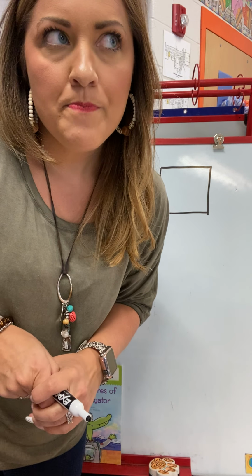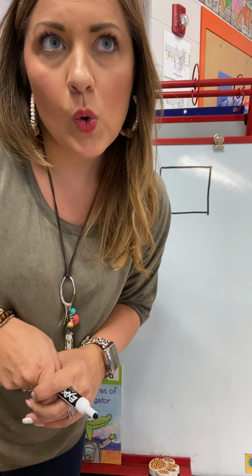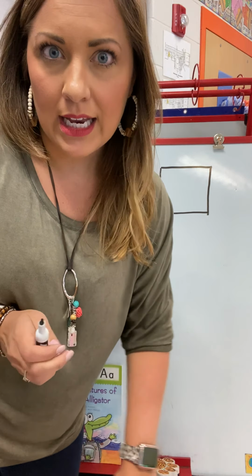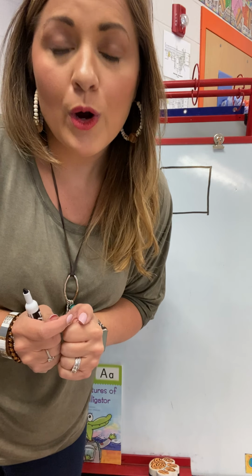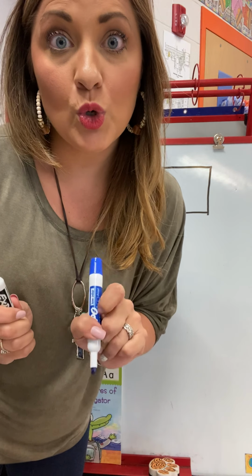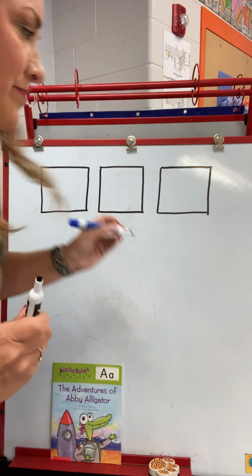If you've ever been to preschool or Head Start, you may have slept on a mat at nap time. Or when you go in someone's front door, sometimes you'll see something that looks like a rug on the outside of their front door, and that is called a door mat. So I'm going to write the word mat for you, and then we are going to say the word very slowly, and we are going to find the short A sound. We are going to find a in the word.